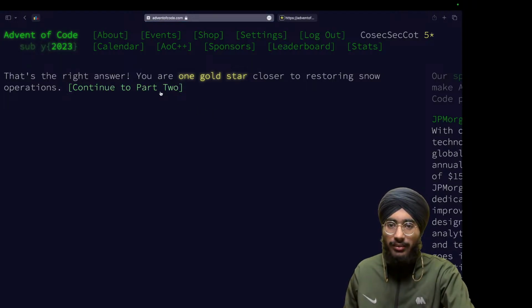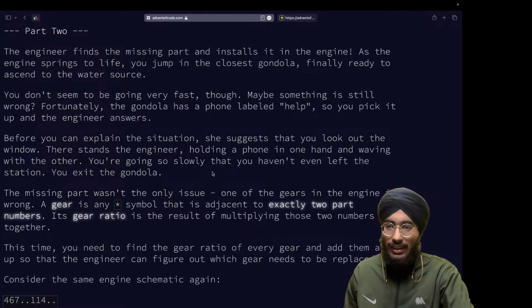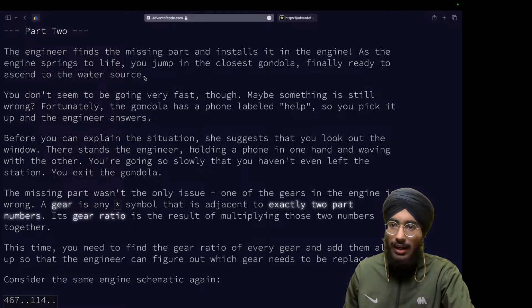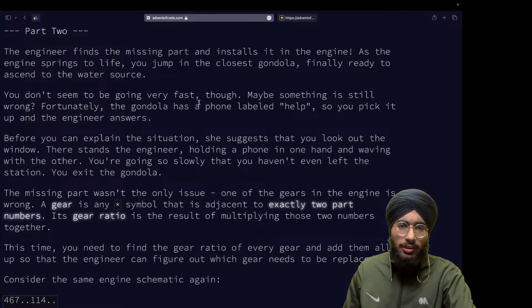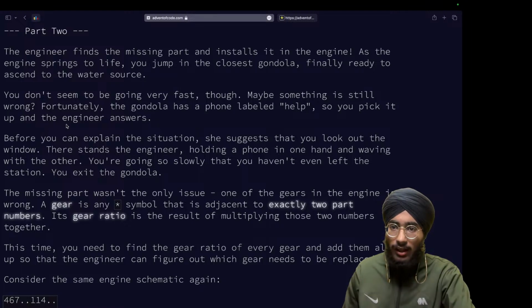Okay, continue, part 2. The engineer finds the missing parts and installs them in the engine. As the engine springs to life, you jump in the closest gondola, finally ready to ascend to the water source. Don't you seem to be going very fast? Maybe something is still wrong. Fortunately, the gondola has a phone labeled help, so you pick it up and the engineer answers.